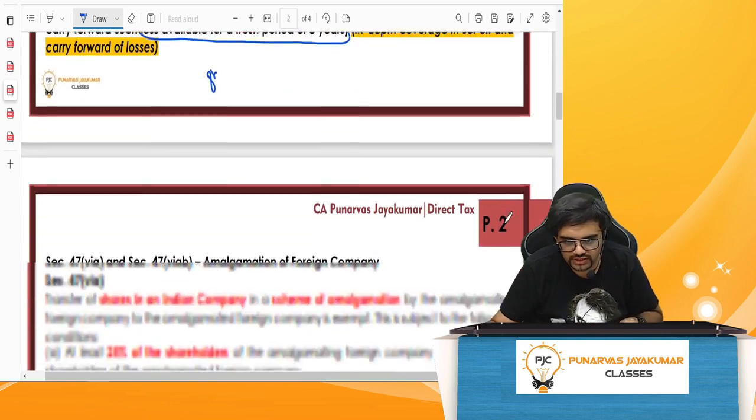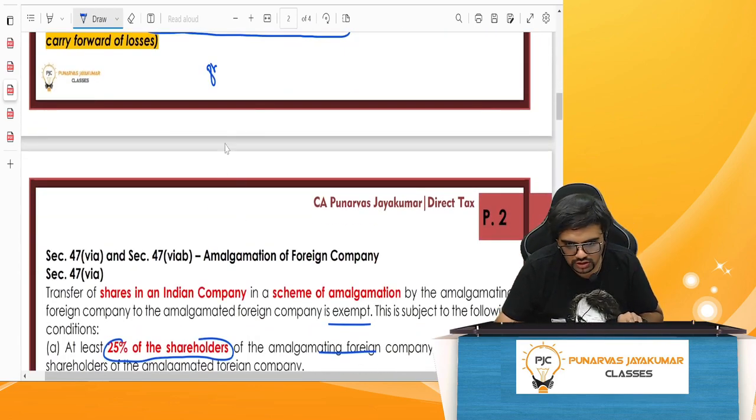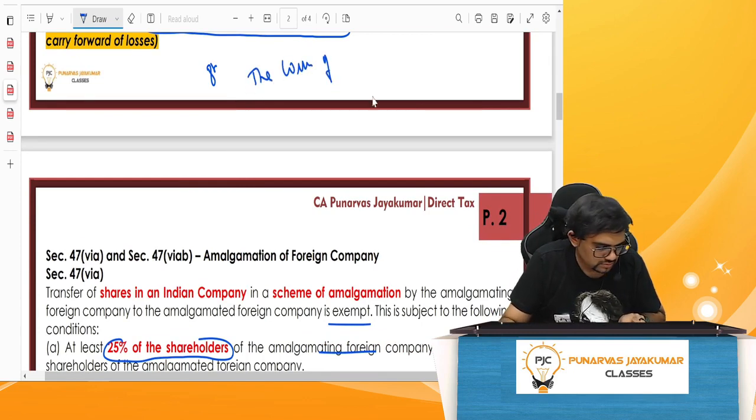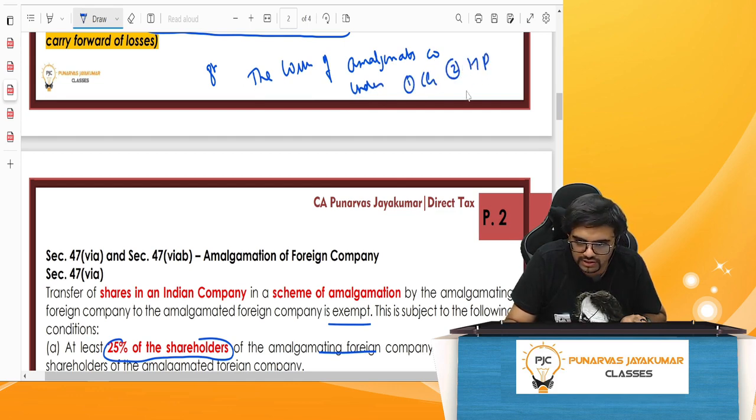So just write down here the losses of the amalgamating company. Under the first one, capital gain, second one, house property, third one, owning and maintaining race horses. Fourth one, speculative business.